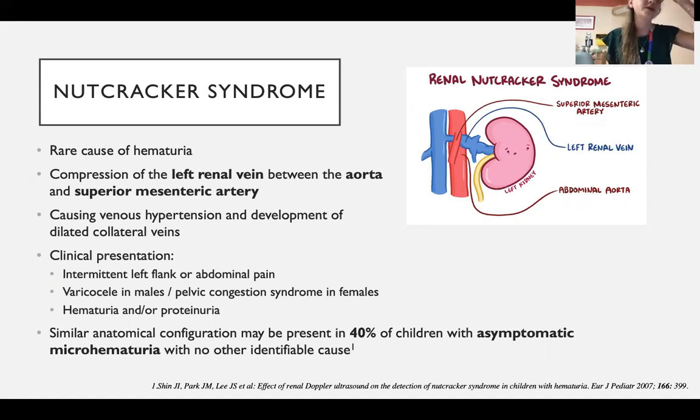And in boys, it's often related to varicocele, or in girls to pelvic congestion syndrome. However, similar anatomical configurations have been found in around 40% of children with asymptomatic microhematuria before, with no other identifiable cause. So that just shows that Nutcracker syndrome is a lot of the times asymptomatic.